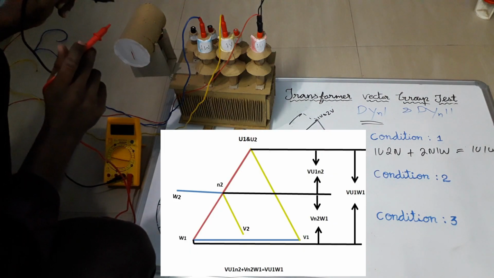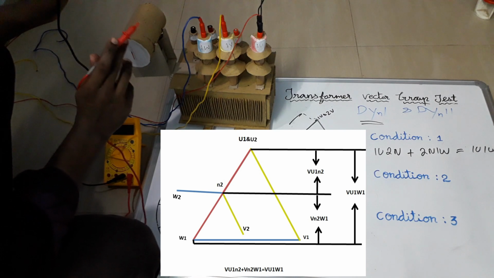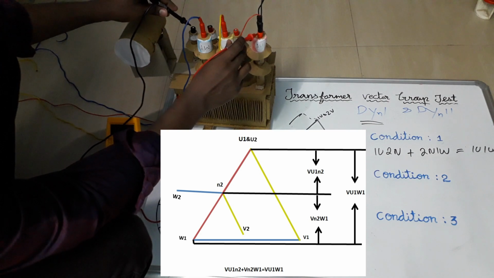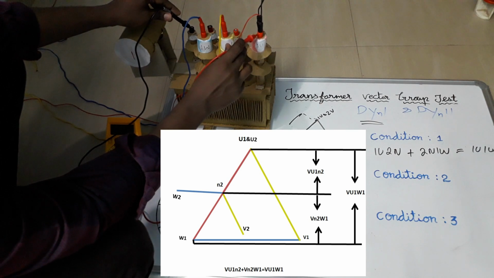For measuring this voltage for condition 1, the R phase voltage of our HV, that is 1U, and neutral of your secondary, that is LV side, 2N. 1U, 2N, we have to note this value.